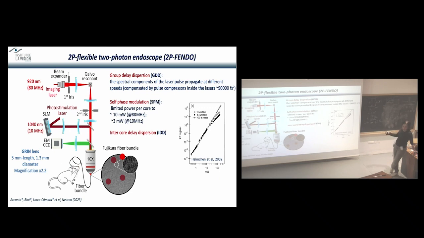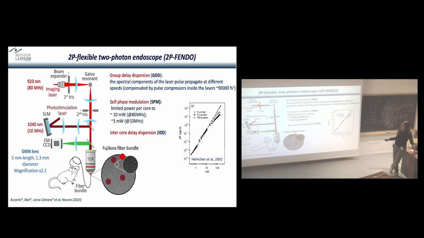So when you keep increasing the power, at a certain point, because of this effect, you will have an important pulse broadening, and this broadening depends on the power. That means at a certain point, your two-photon response won't be quadratic with the power anymore. This has limited the amount of light, which was characterized by Fritjof Helmchen a few years ago, to about 10 milliwatts for an 80 megahertz rate laser. So why is this a problem?